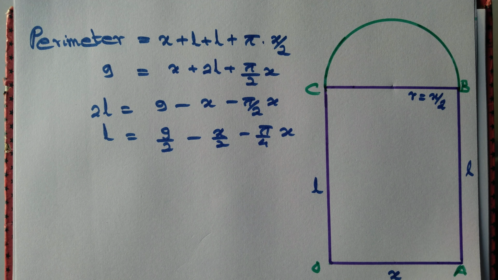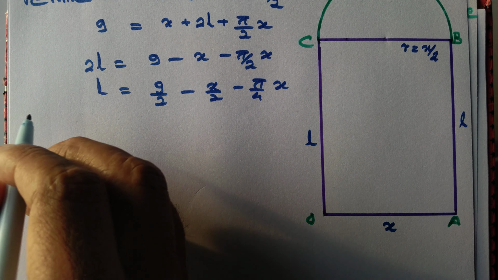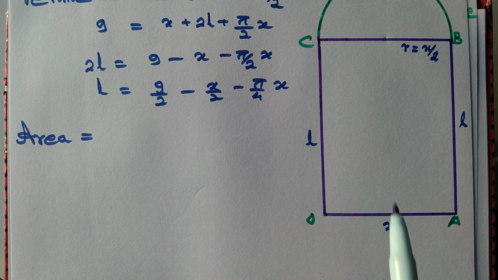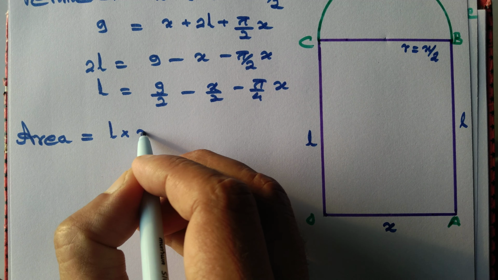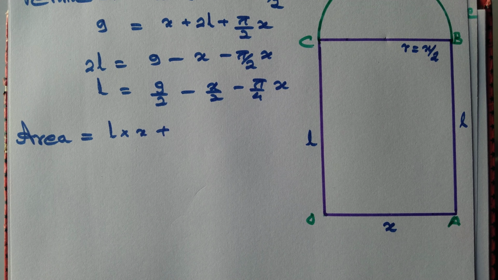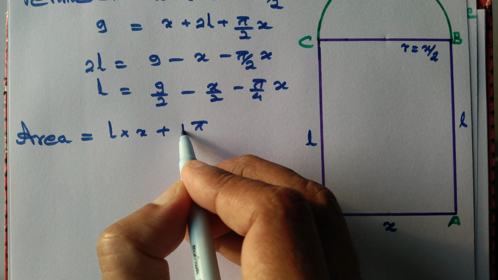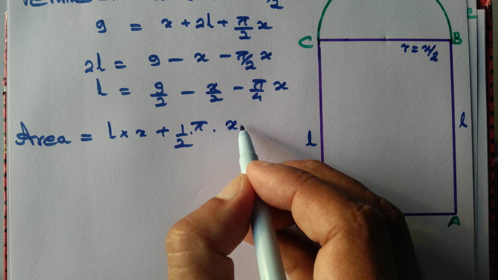As you said, we want to maximize the area. Let us find the formula for area. Area of the window is equal to the area of the rectangle, that's L times x, plus the area of the semicircle. Area of a circle is pi r squared. Area of a semicircle is half of pi r squared, and in this case we got r equal to x by 2.